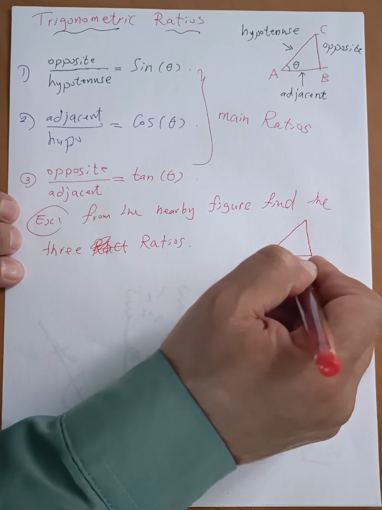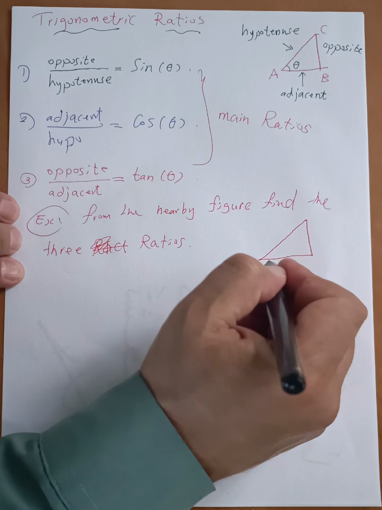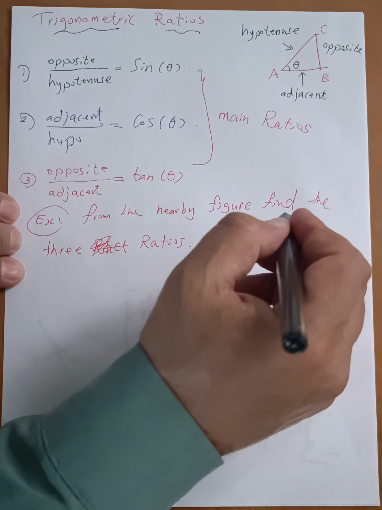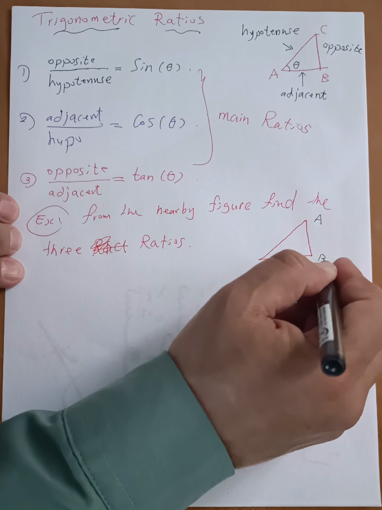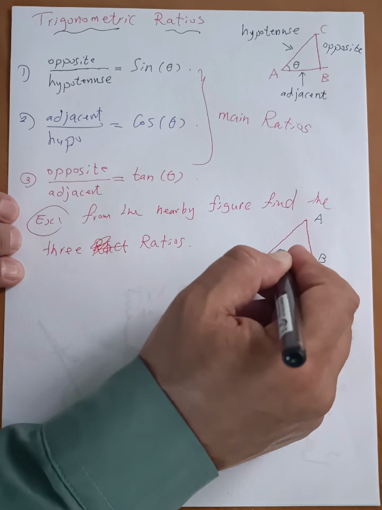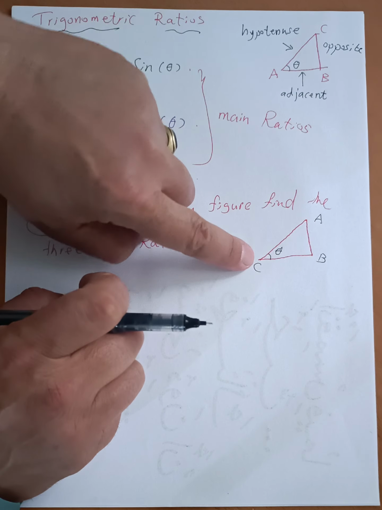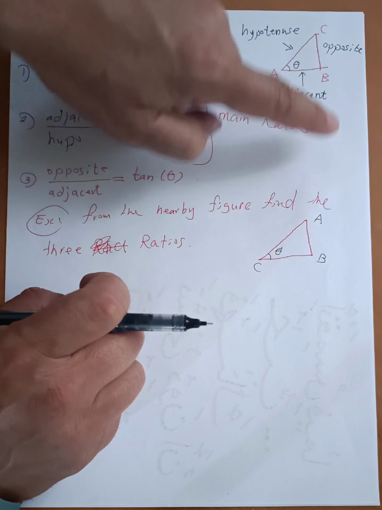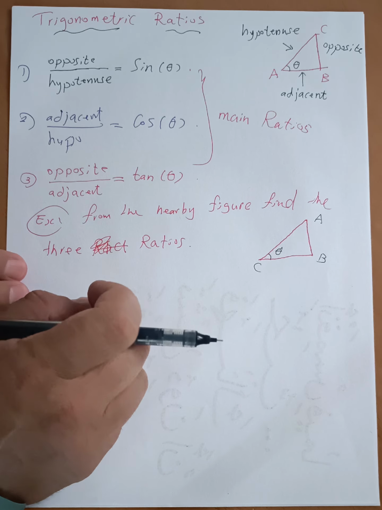Here is it. Here is A, B, and C. Here is theta. Look at this example. I am free, and he is free to give me and to locate the names of the angles.